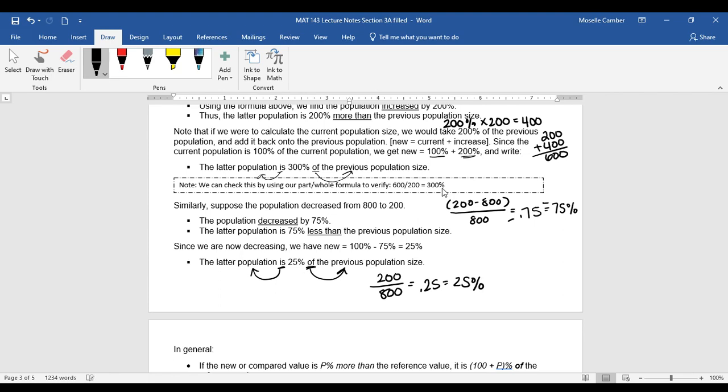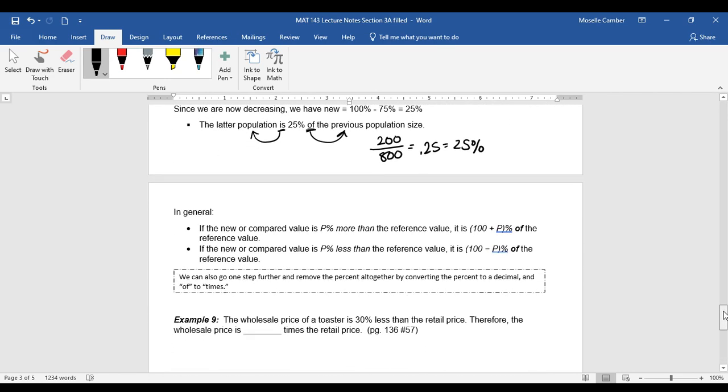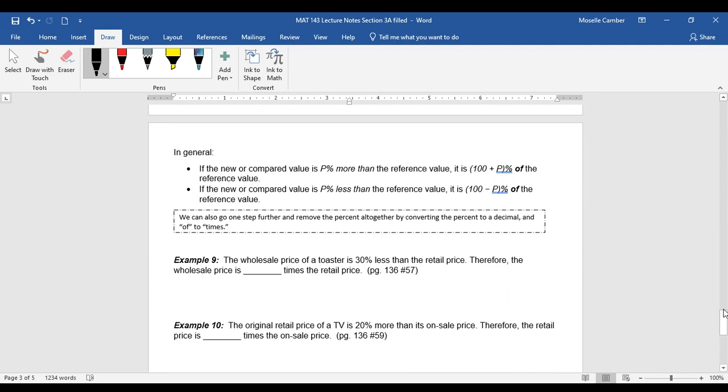So this is the long explanation of how we get it. But in general, the rule is that if you're increasing, if it's more than, that means you're going to add on 100 to your percent. If it's less than, you're going to subtract it from 100.